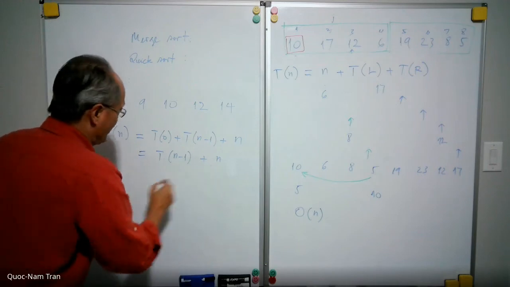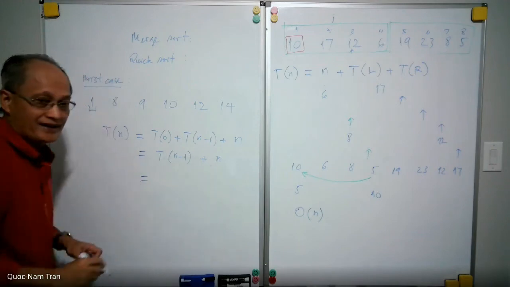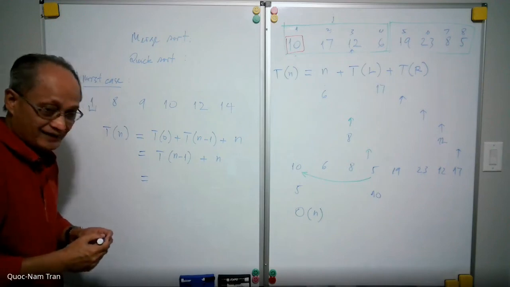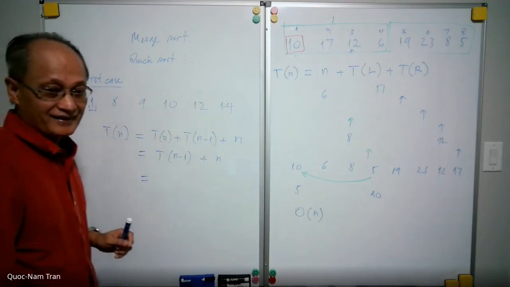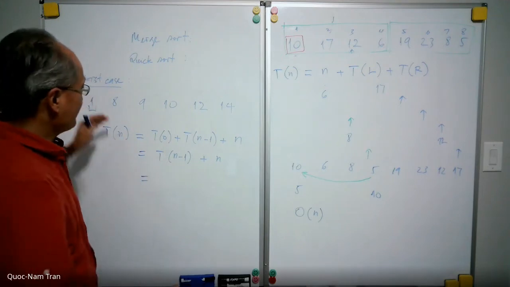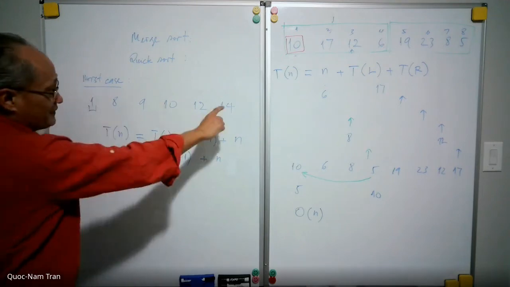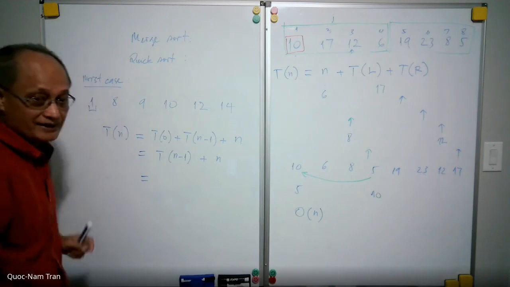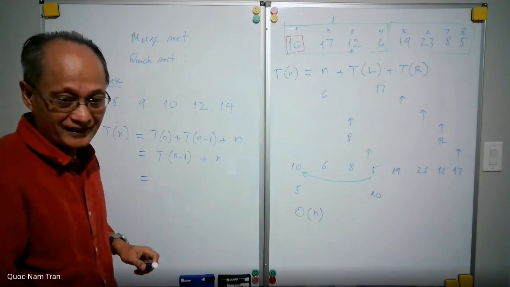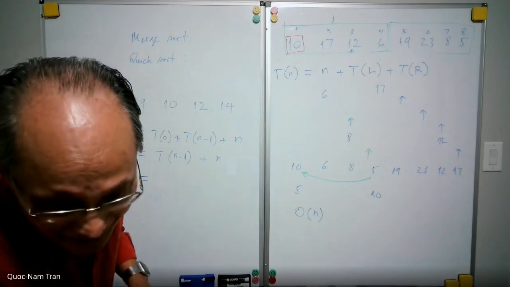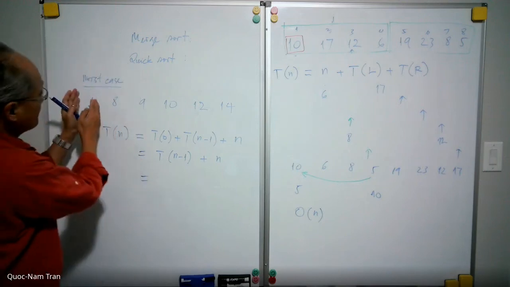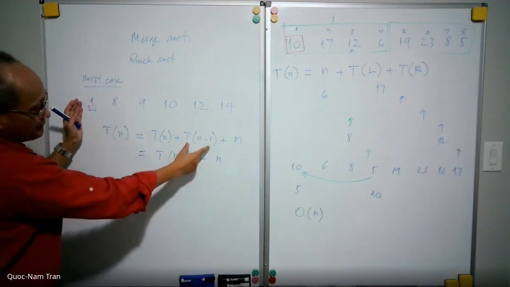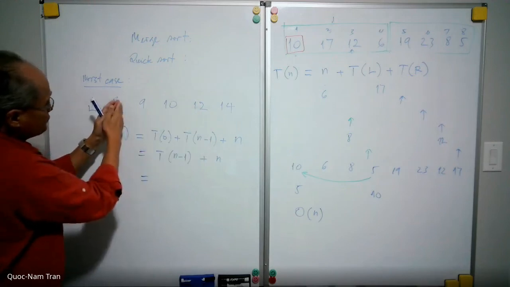Okay, so what is Tn? It is already sorted. That's why I said that the best case for the input is actually the worst case for quicksort. It will partition the first time here, and now for Tn minus 1, partition here.